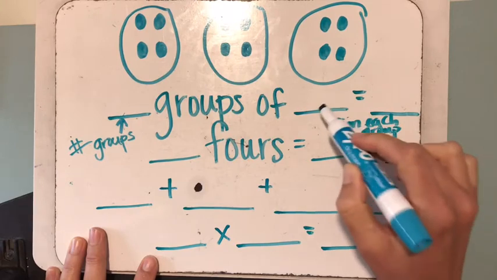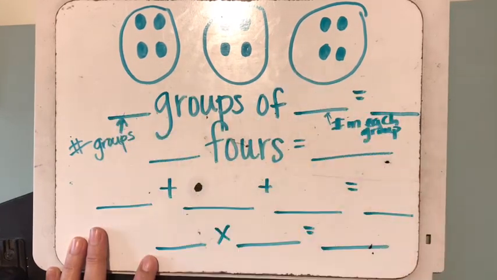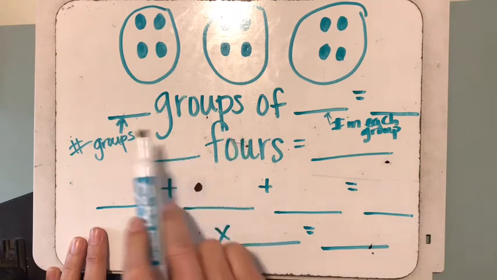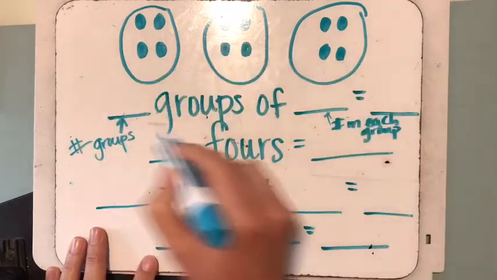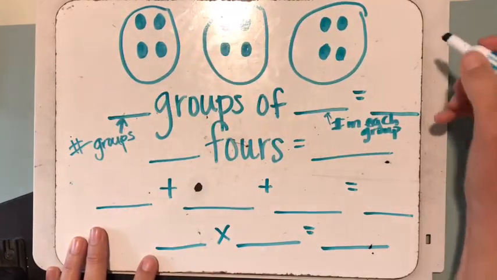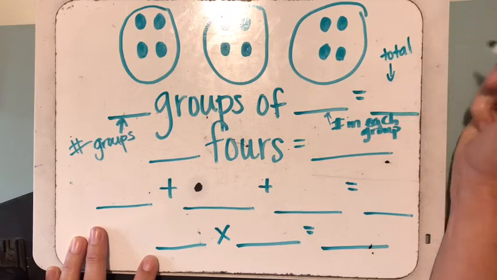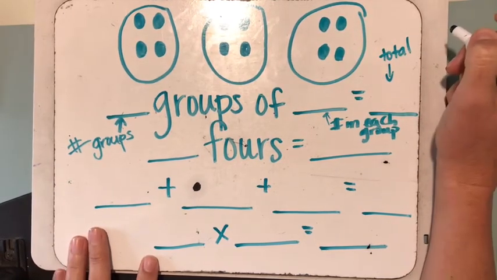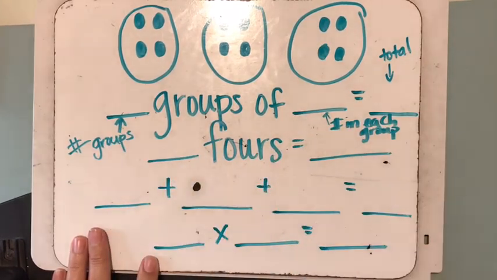So how many are in each group? So count up the groups. How many did you get? And how many are in each group? And then what is your total? How many all together? So this one is all together, your total. We also call it a product. So pause the video and fill this one out. See if you get it right.